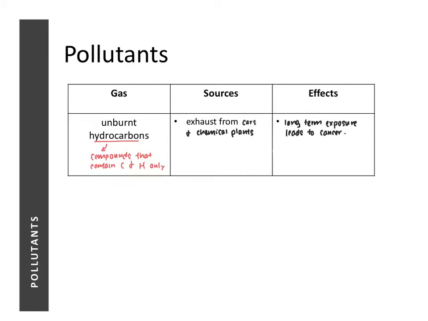So it's not even incomplete combustion, it is not burned at all, so they are released in the exhaust gas. An effect of having unburned hydrocarbons is that long-term exposure to them can lead to cancer.